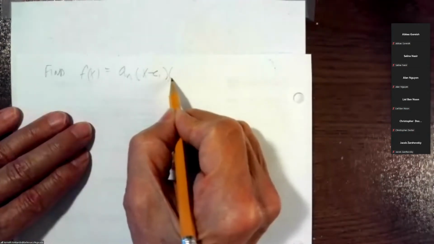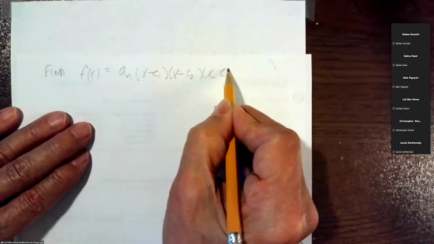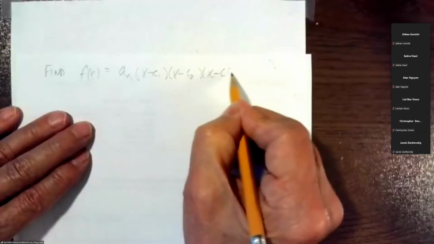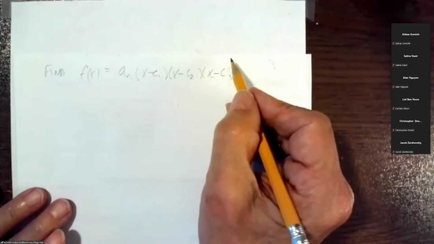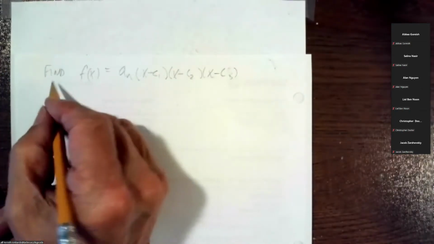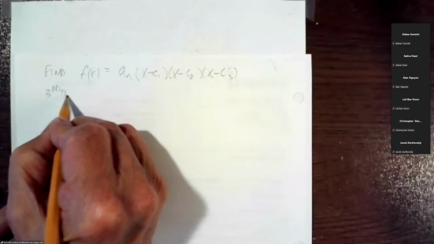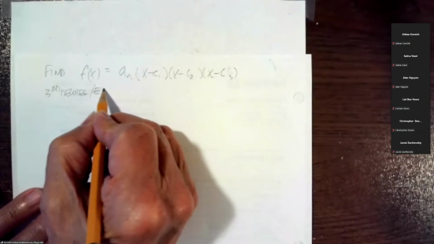Let's call it C1, x minus C2, x minus C3. And we are looking for a third degree. Find a third degree. Degree is exponent, right?